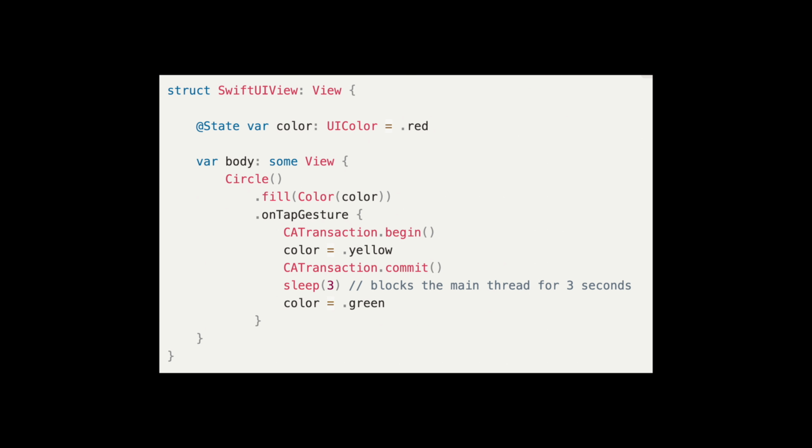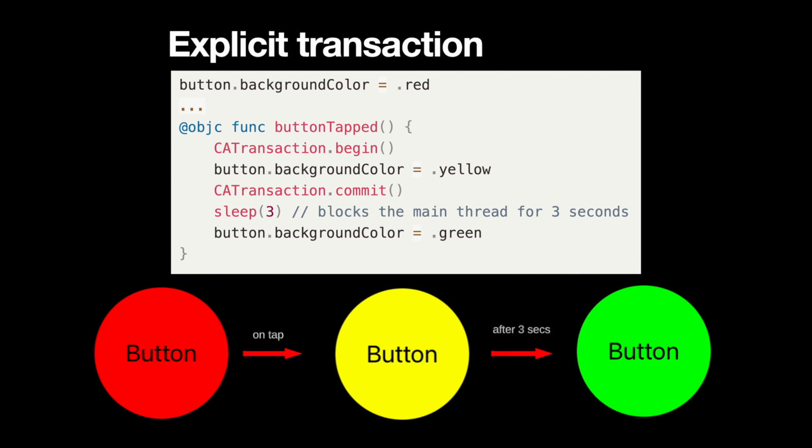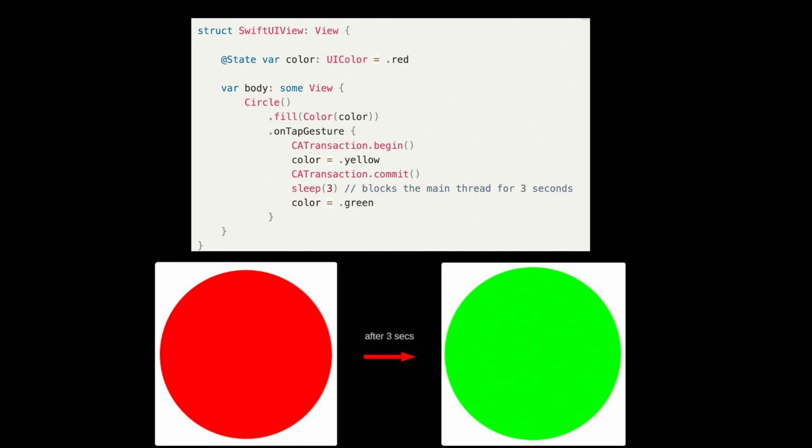If we try to build a similar example with main thread blocking and explicit transaction as we did for UIKit, we will discover another important aspect of SwiftUI. In the similar UIKit example, we would see yellow color in the middle once the explicit transaction is committed, before the main thread had been blocked by the sleep method. But in SwiftUI, it seems to not work in the same way. But why?